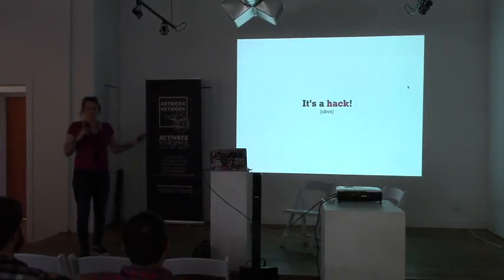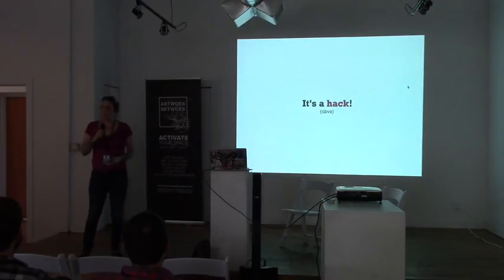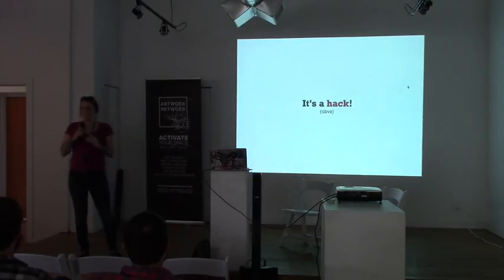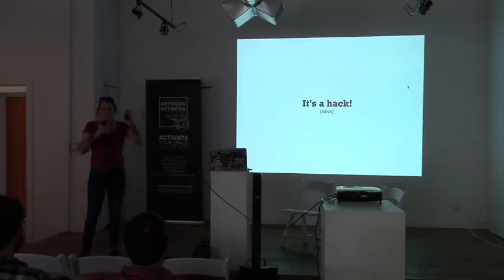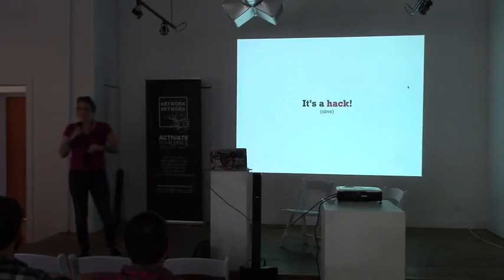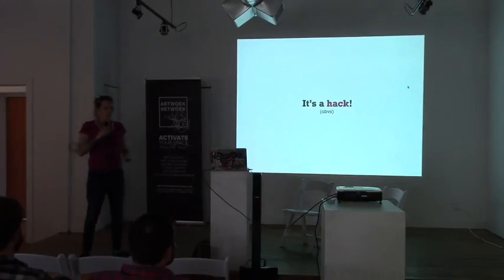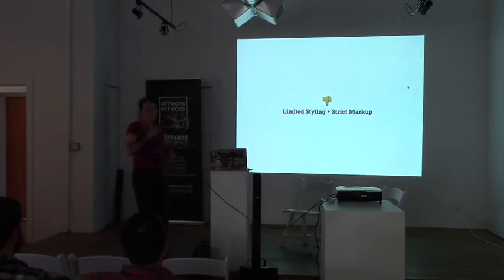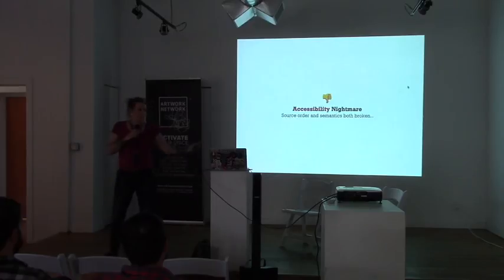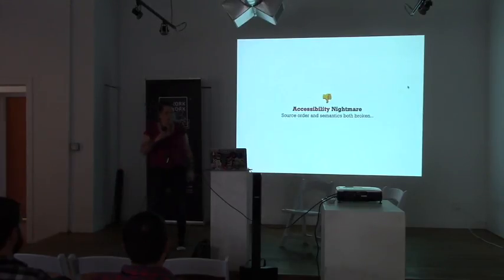And the entire layout lives in the markup, in a very structured way. So no matter what order the content would make sense in, you have to follow the order of the table. There's limited styling, strict markup, accessibility is bad, and the whole thing is just a nightmare.